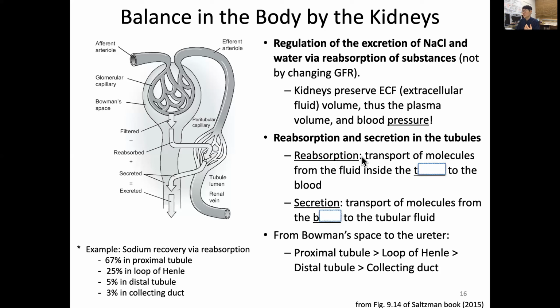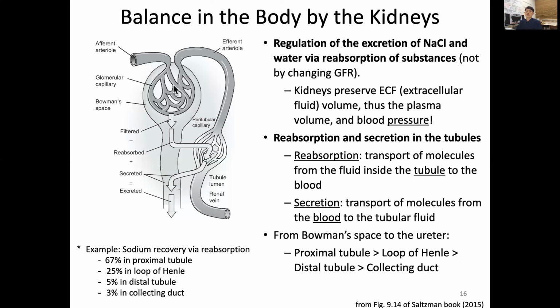So reabsorption is defined as transport of molecules from the fluid inside the tubule to our blood, and secretion is the opposite: transport of molecules from the blood to the tubular fluid.